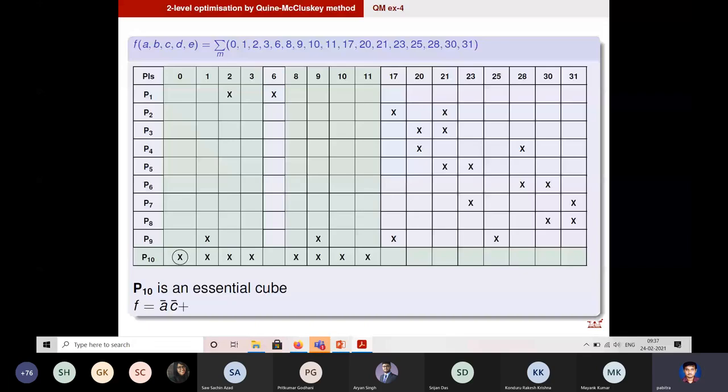So P10, which is C bar, is an essential prime implicant. Since P10 is an essential prime implicant, it has to be there in the final minimal expression. And since it is anyway there, I can drop other columns covered by P10. I drop 1, 2, 3, 8, 9, 10, 11. Okay. So I drop them, I get a reduced chart.